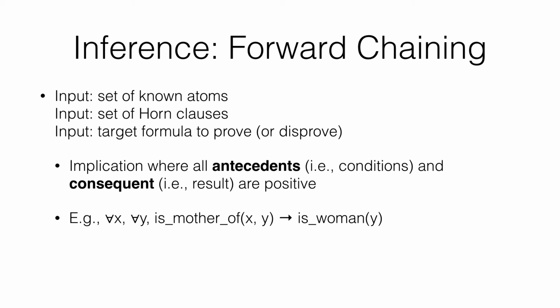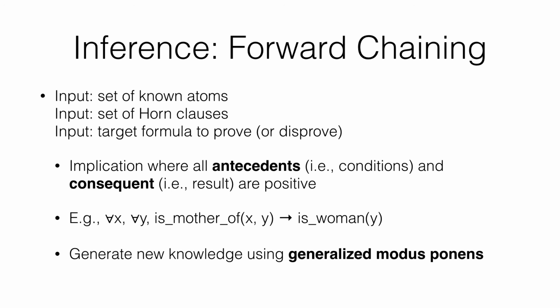So from the input, we have a set of known atoms, and we have a set of horn clauses. You can probably imagine how essentially what we want to do is the same thing that we did for propositional logic, where we plug in things that we know are true into the left side of these implications, and then we get out the thing on the right side. So this is going to be called generalized modus ponens.